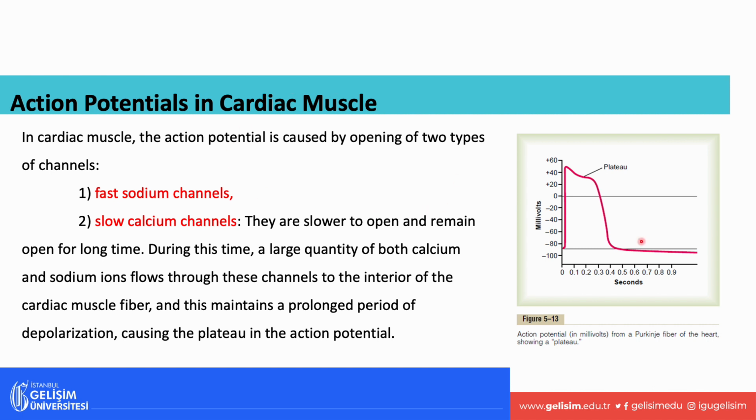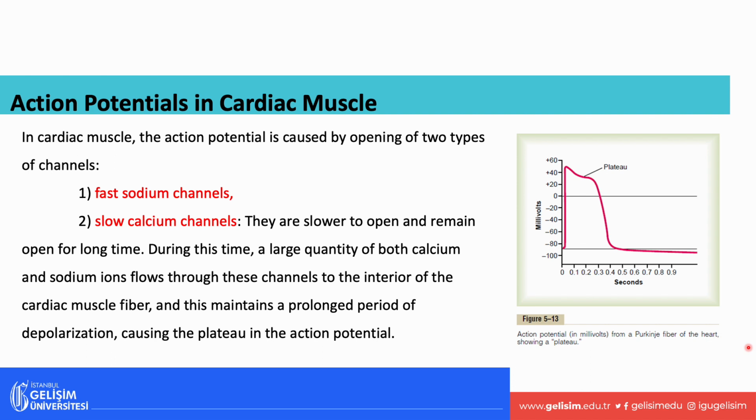All right, continuing with cardiac muscle. Depolarization opens a few fast voltage-gated sodium channels in the sarcolemma, which allows extracellular sodium to enter. This influx of sodium initiates a positive feedback cycle that causes the rising phase of the action potential and a reversal of the membrane potential from minus 90 millivolts to nearly positive 30 millivolts.